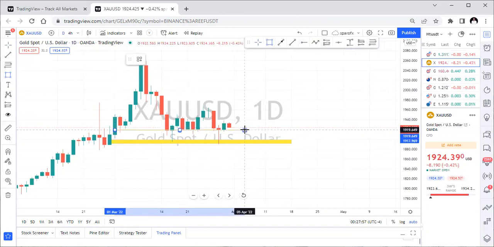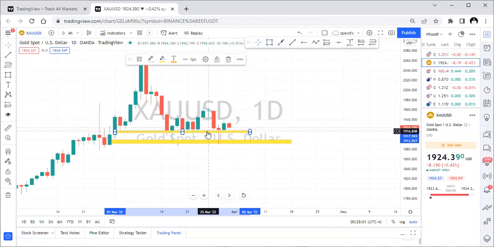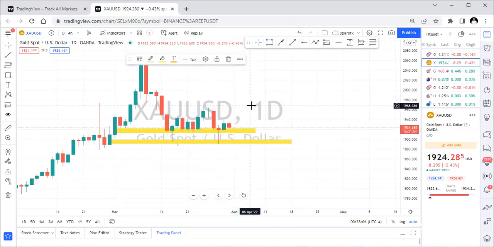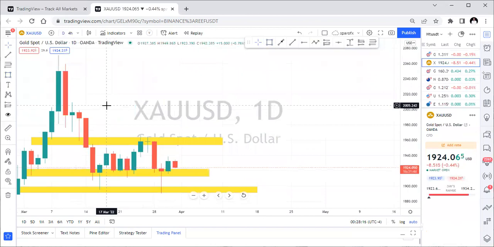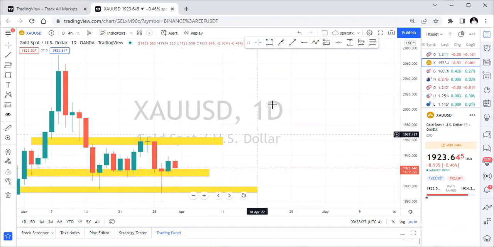This very point, and points also here. Okay, and the day before yesterday's candle was a pin bar, and yesterday's candle was a bullish one. So I'm actually expecting a bullish continuation to the very point.